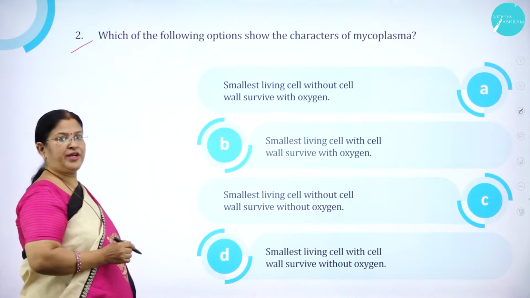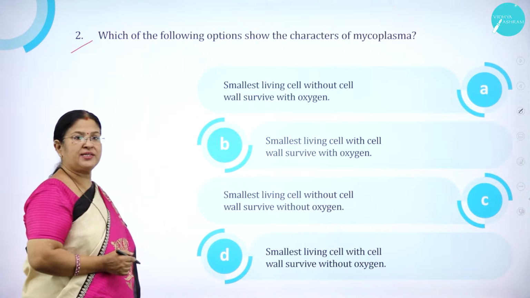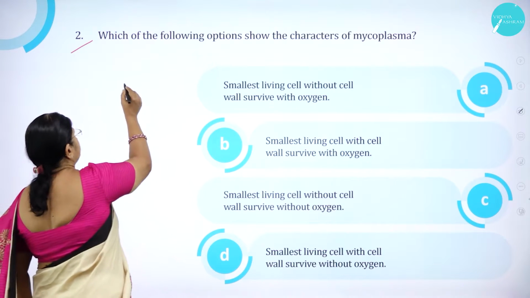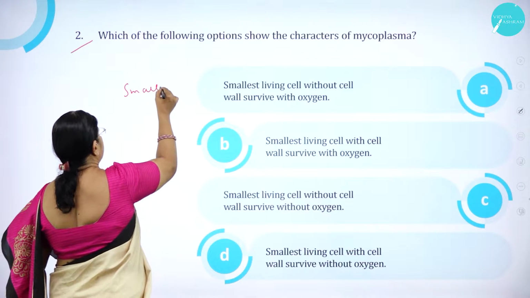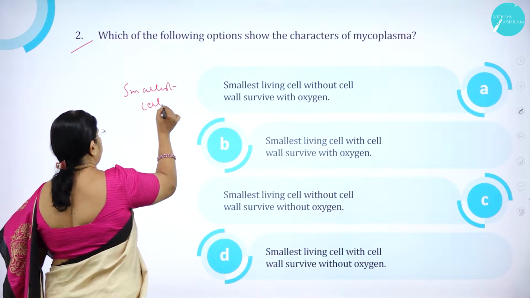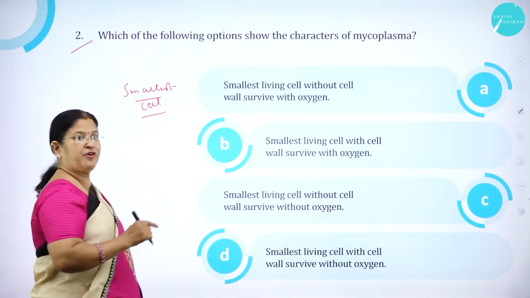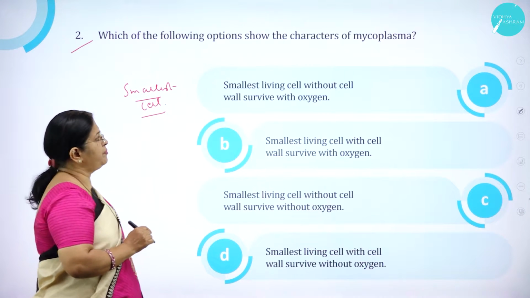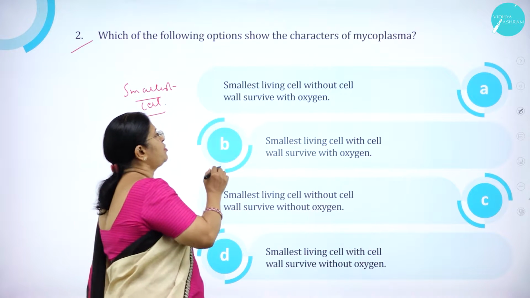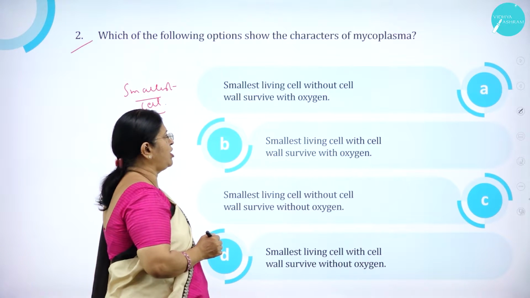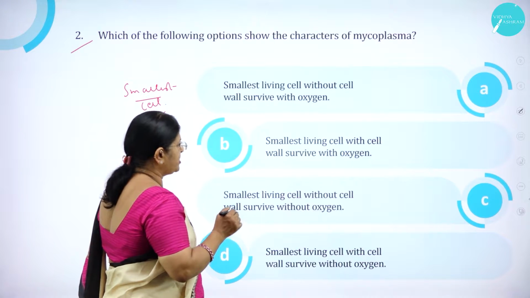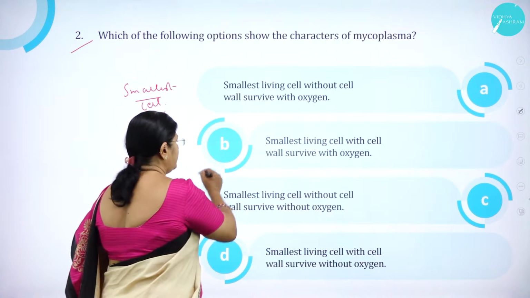Which of the following options show the characters of mycoplasma? So mycoplasma is the smallest cell. Option A, smallest living cell without cell wall, survive with oxygen. B, smallest living cell with cell wall, survive with oxygen.